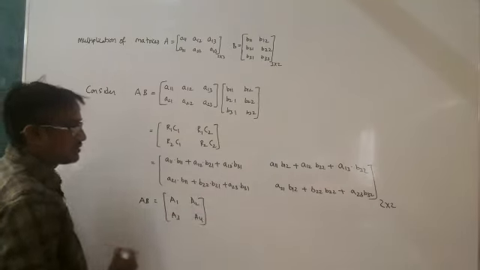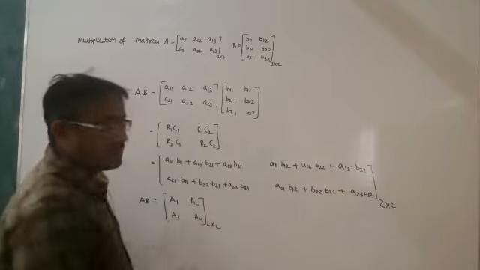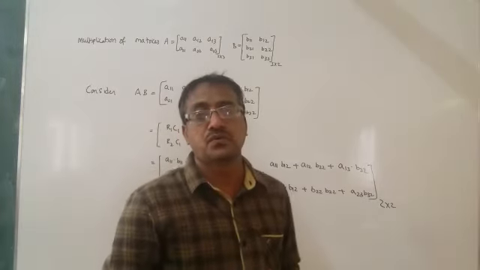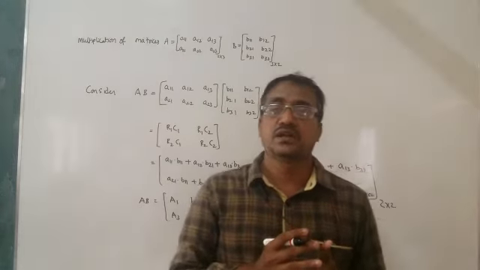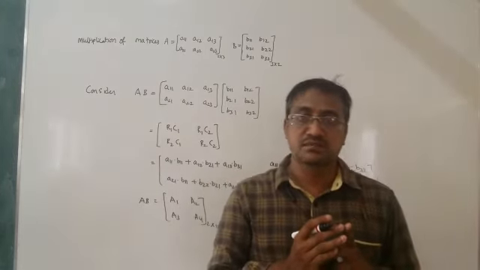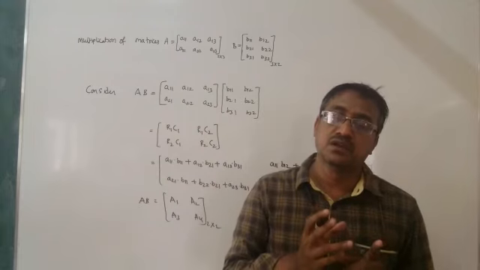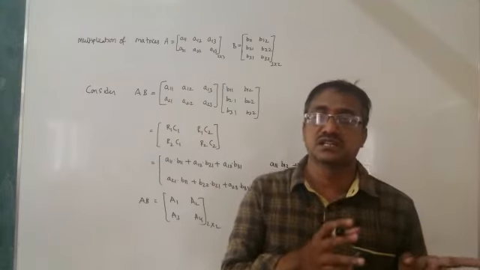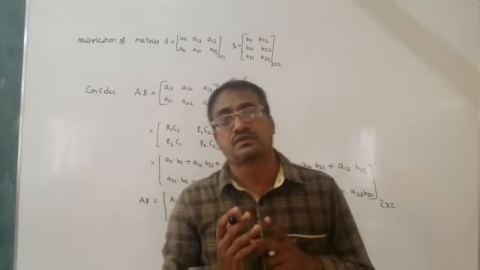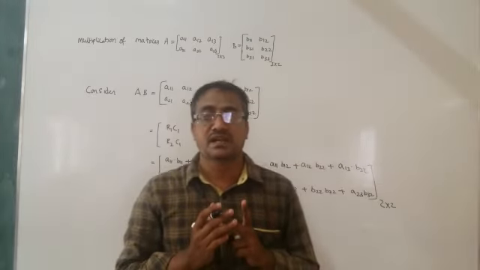So this is how you need to find the multiplication of two matrices A and B. It is very important to remember that matrix multiplication is possible only when the number of columns in the first matrix is equal to the number of rows in the second matrix.